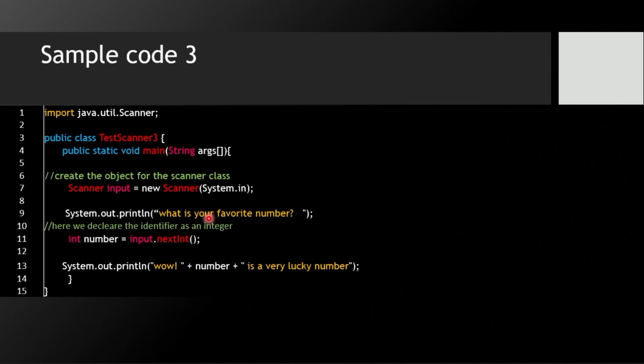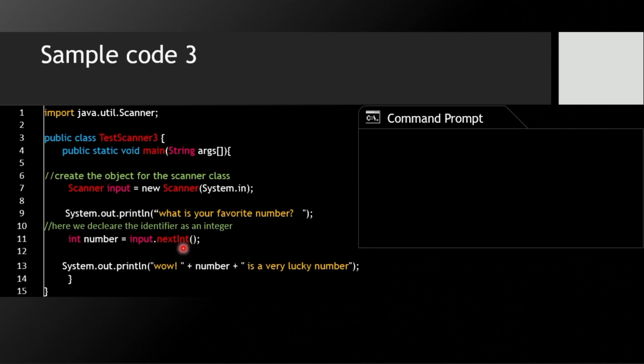And then int, like I said, same program, same everything, and then we have int there. And then we see our output, which is TestScanner3.java, and we run this code. And then we have our output, which is what's your favorite number, 7.